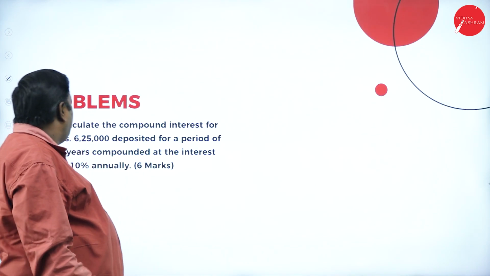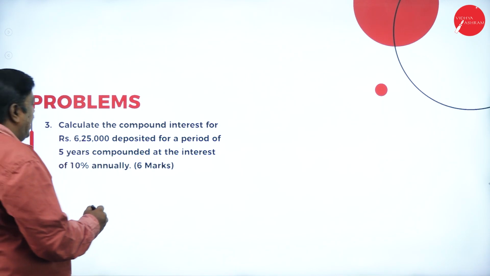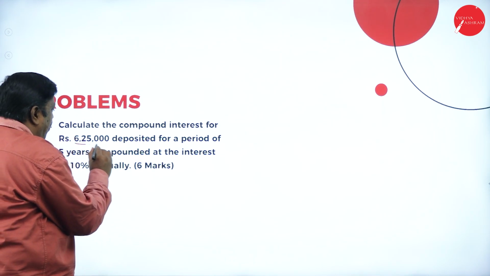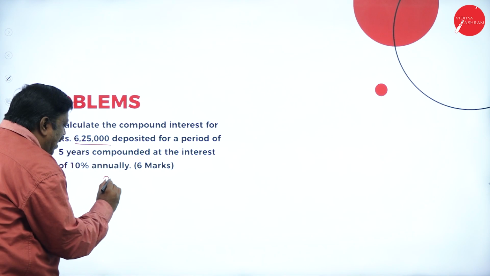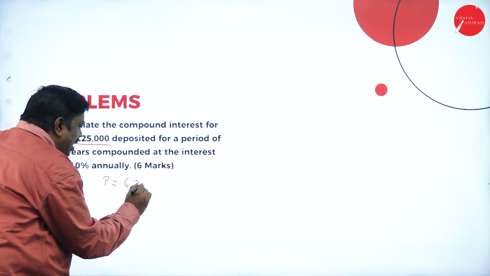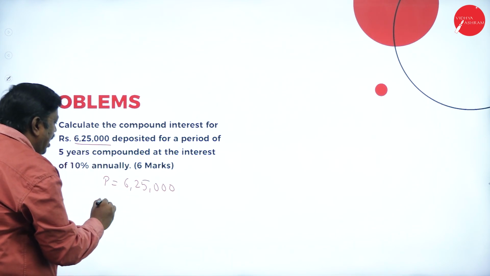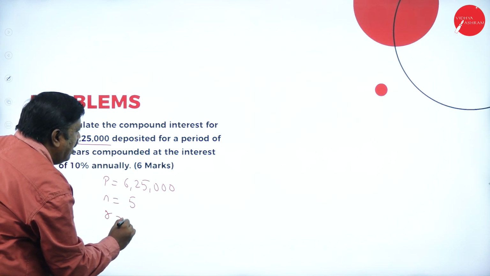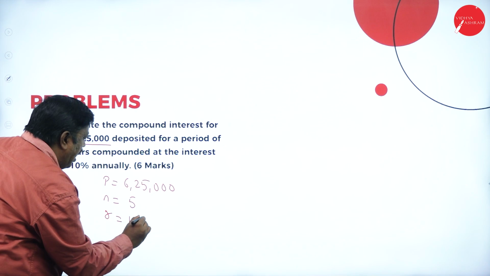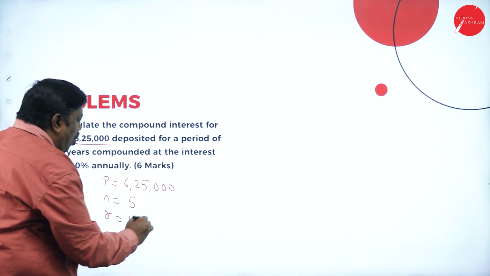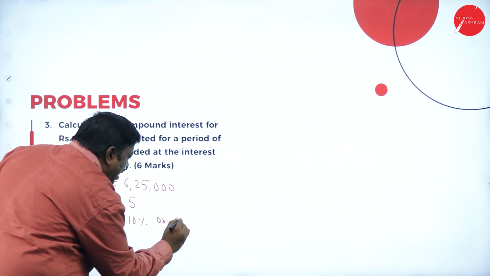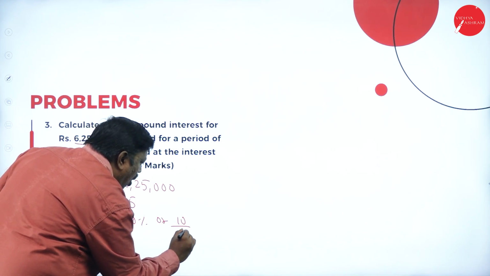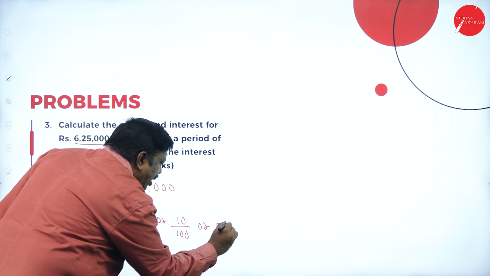Next one, in the third problem, my principal amount is 6,25,000, my period will be 5 years and R will be 10%, or 10 by 100, or 0.10.